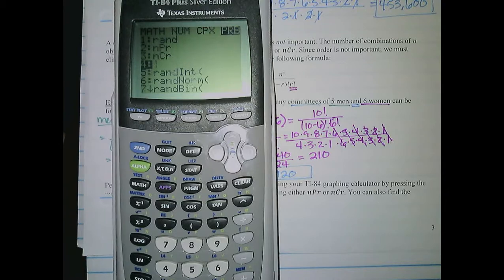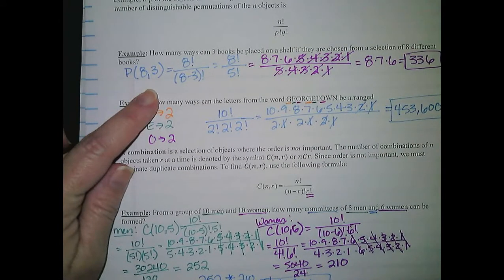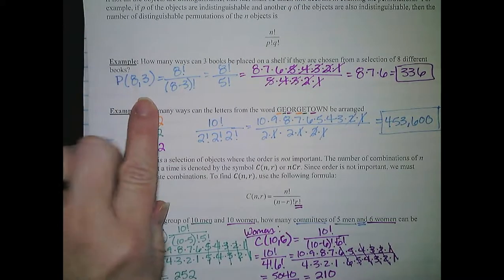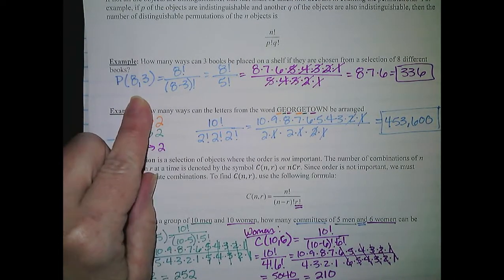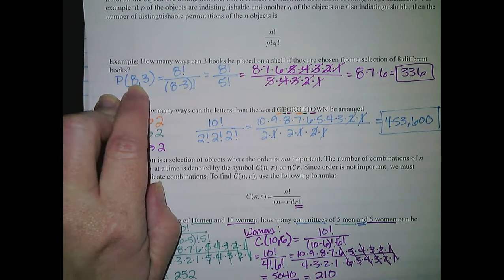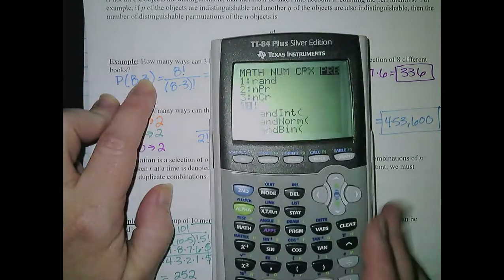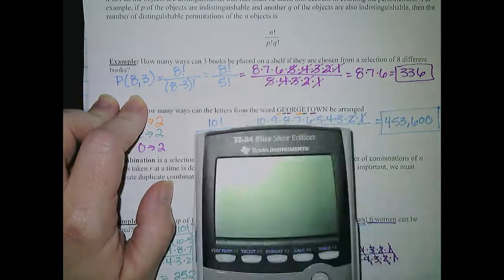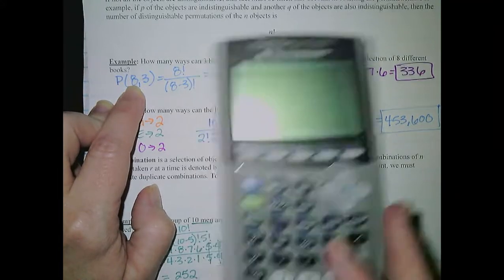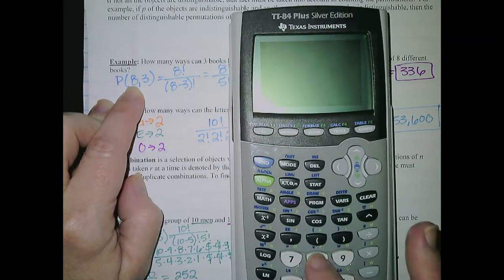So I want to go back over these examples real quick and evaluate them using a calculator. If we were doing this first example where we were doing a permutation of 8 objects taken 3 at a time, first you need to type in the number of objects you're selecting from. So in this case, we're selecting from 8 objects.